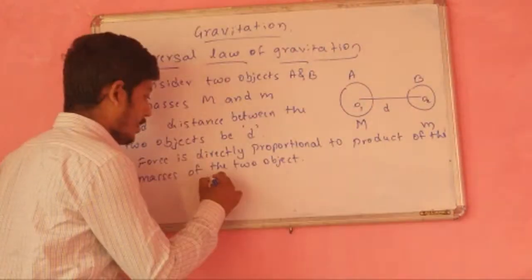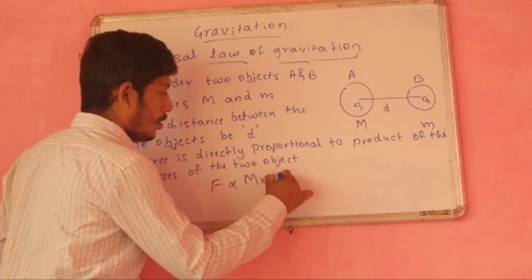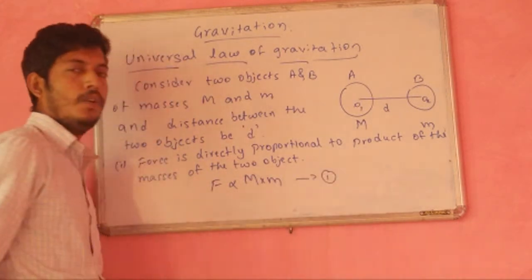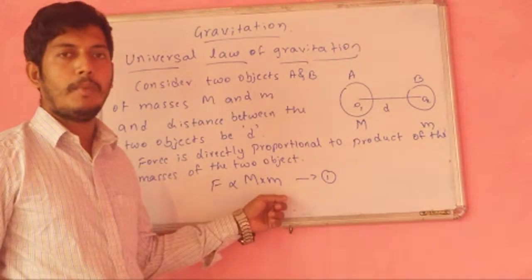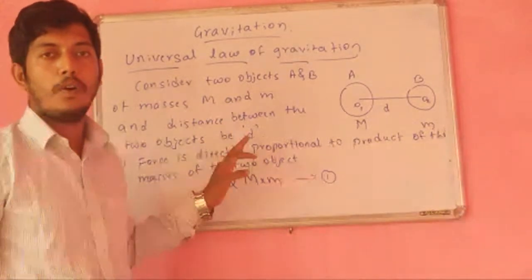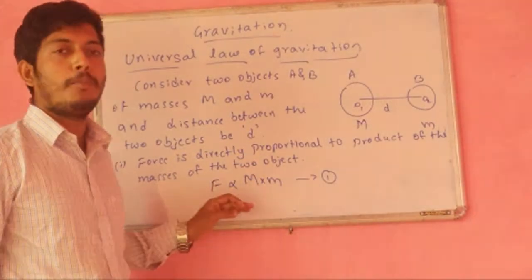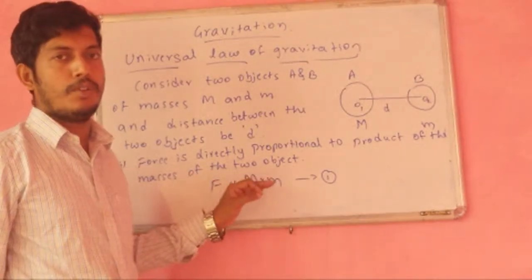So it becomes F is directly proportional to capital M into small m. We will consider this as equation number 1. Capital M is the mass of the first object and small m is the mass of the second object.